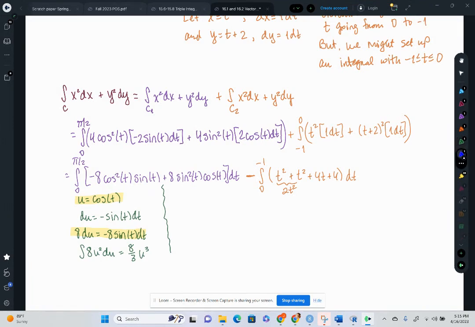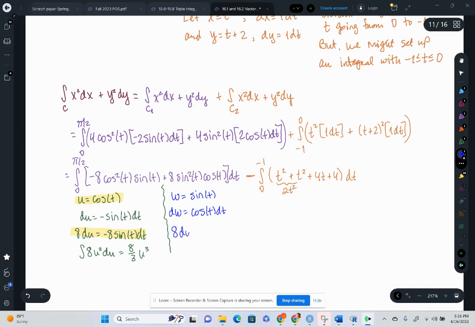The other side, I'm going to use w is equal to sine of t, since sine is getting squared. dw will be cosine of t dt. I need an 8 in there, so 8 dw is 8 cosine of t dt.